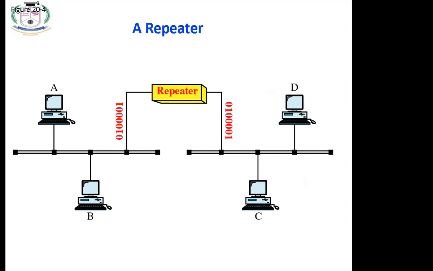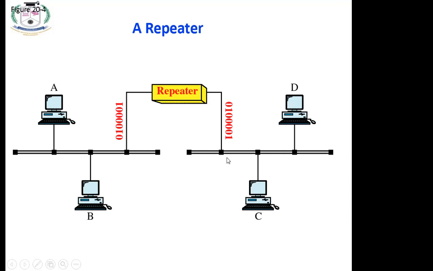You can see in this example, we have the data bits 14010, and on the other side the same data bits are being transmitted. The only difference between the two is that we use a repeater there. If a packet or a frame has to be transferred from A to D, then the connecting length from A to D is very large.